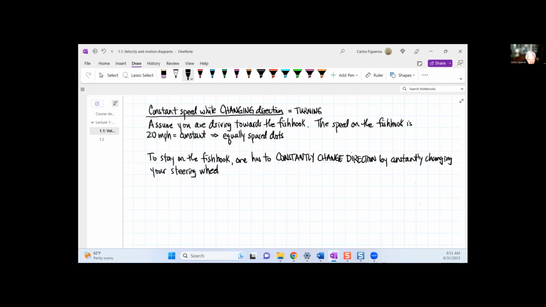Right? You have to constantly change the direction of your steering wheel in order to stay on it.